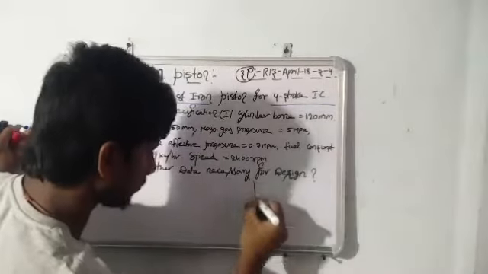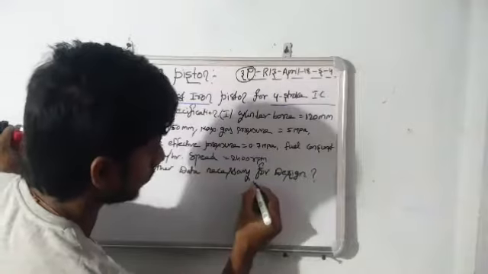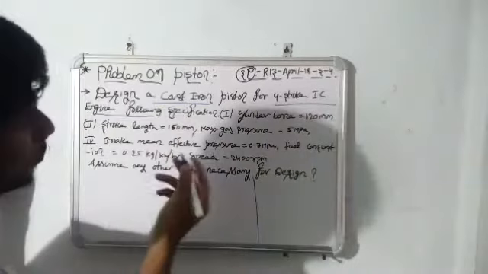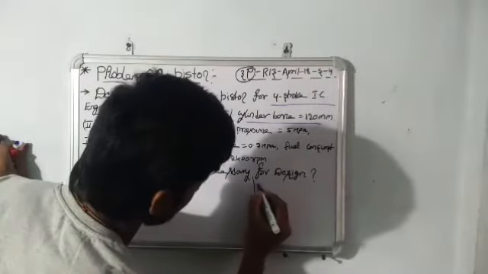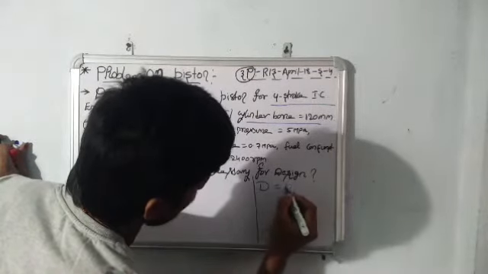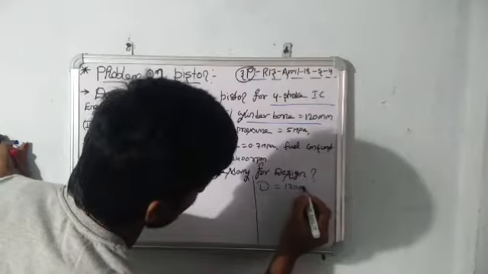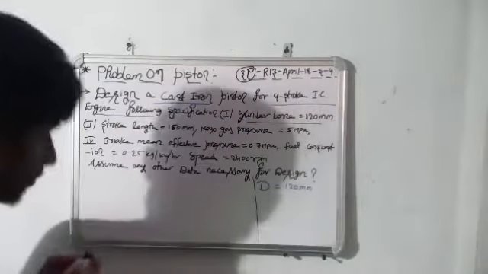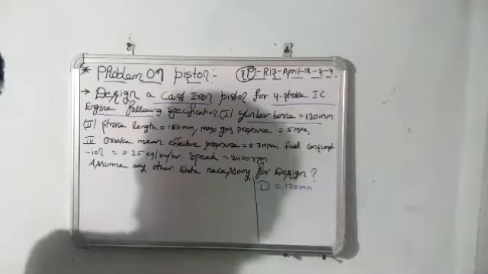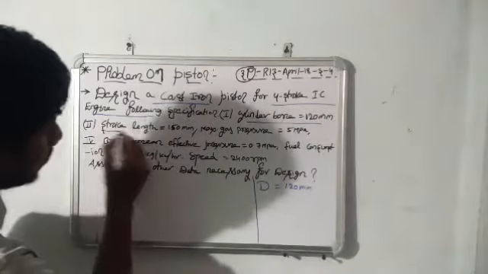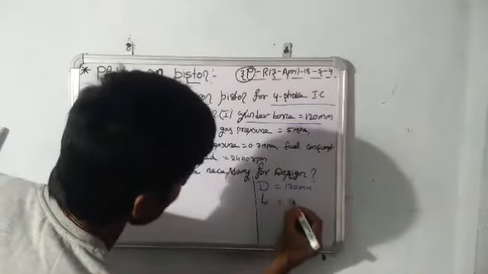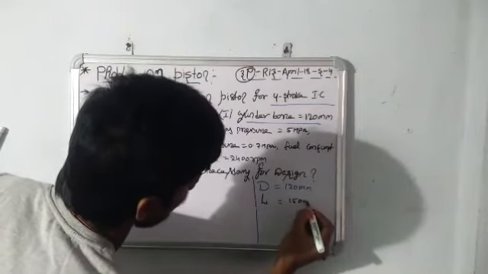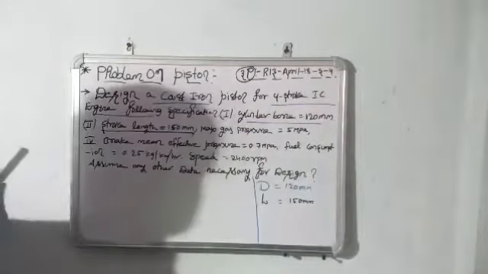I would like to write the data here. The first one is the cylinder bore, indicated by capital D, equal to 120 mm. Next, stroke length, denoted by capital L, equal to 150 mm.